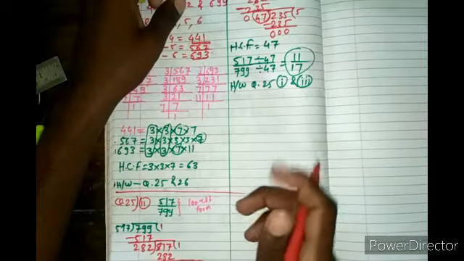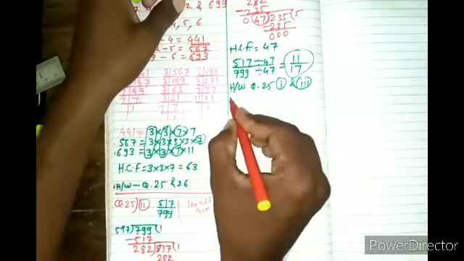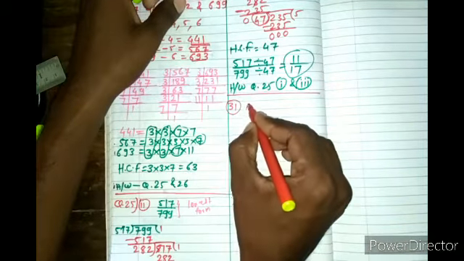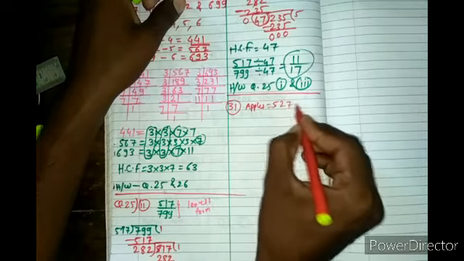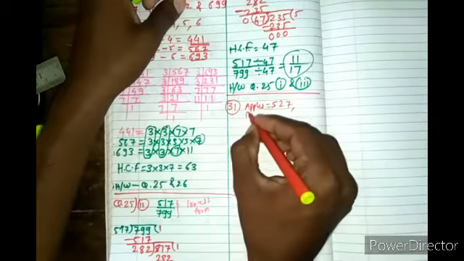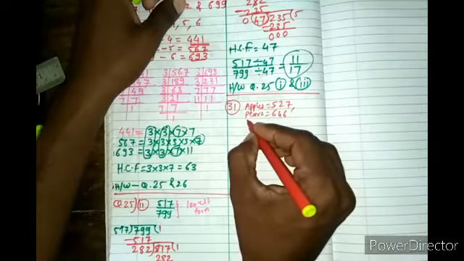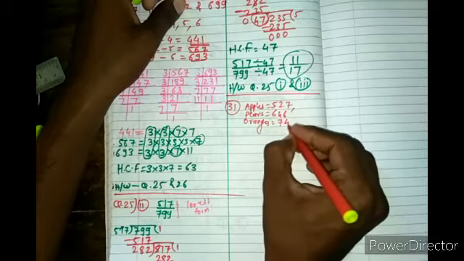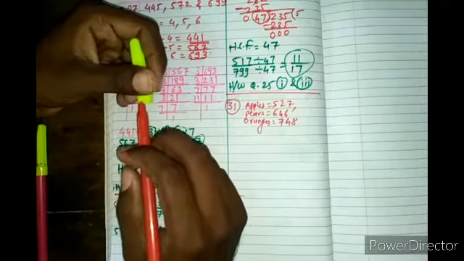In question number 31, there are 527 apples, then 646 pears, and last 748 oranges. Now these are to be arranged in heaps containing the same number of fruits.